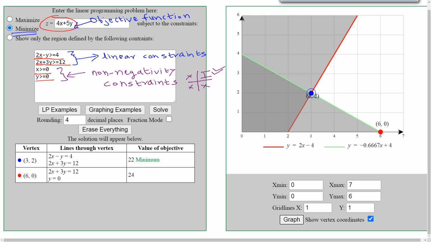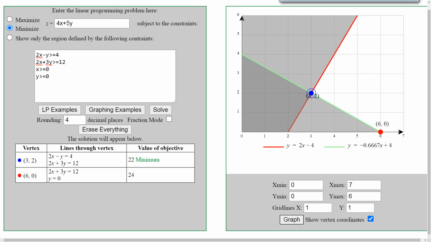Graphical method has several steps. So let us see how can we solve this linear programming problem by graphical method in step-by-step manner.